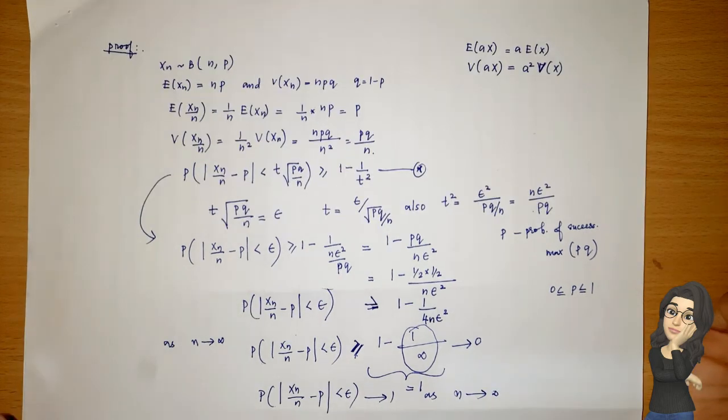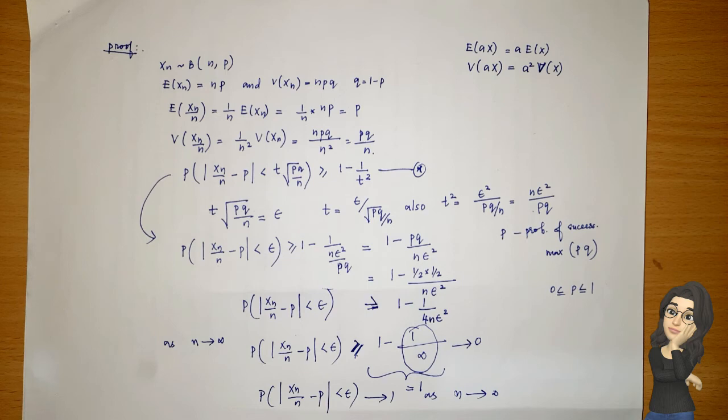So this is the complete proof where we have taken xn to be a binomial random variable where xn is the number of successes in n trials, and we have found the expectation of xn and variance of xn, and then we have found the expectation of xn by n and variance of xn by n, which we got as p and pq by n. Then we use Chebyshev's inequality.